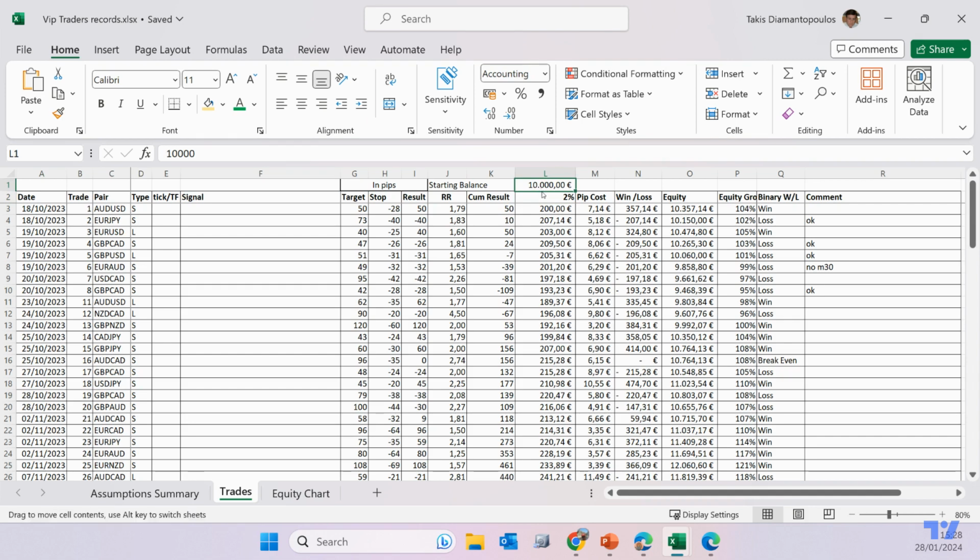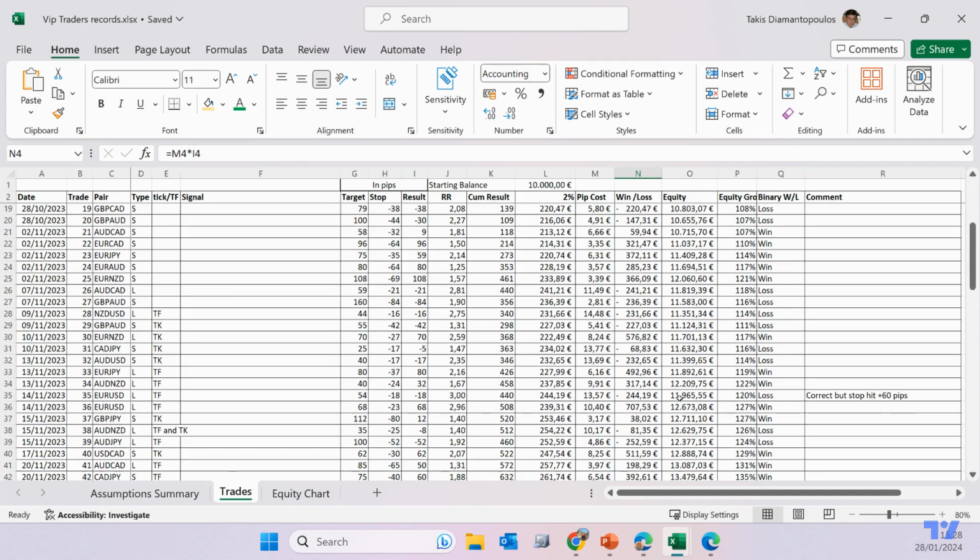Okay, this is fixed. I'm not changing anything. So the only thing that changes is the risk reward, depending on the structure of the chart where I place my stop and my target, and this is what I actually risk, and this is the cost per pip plus the winning loss and the equity, how it goes through.